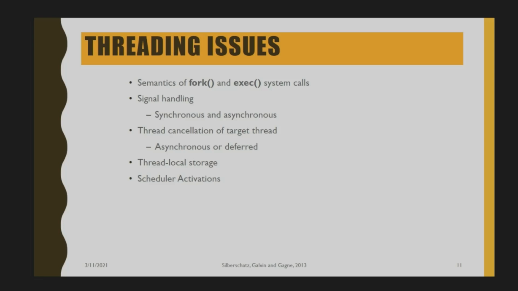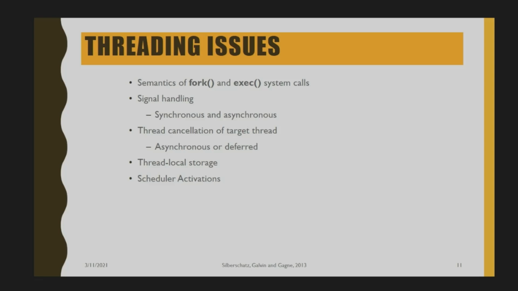One version duplicates all the threads, and another version duplicates only the thread that invoked the fork system call. These are the issues because we use the fork function in order to create, separate, and duplicate the process.